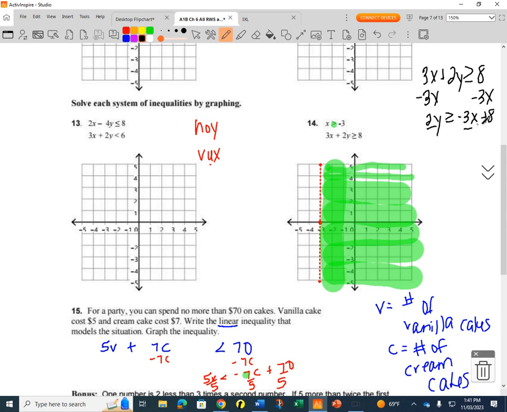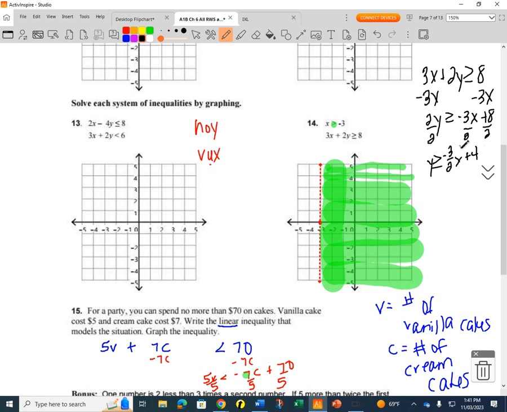Divide it, yes, by 2. Good job, everybody. So y is greater than or equal to -3/2 x plus 4, right? So sometimes we flip this inequality, but not here, right? Because we divided by a positive, not a negative, to get y by itself.